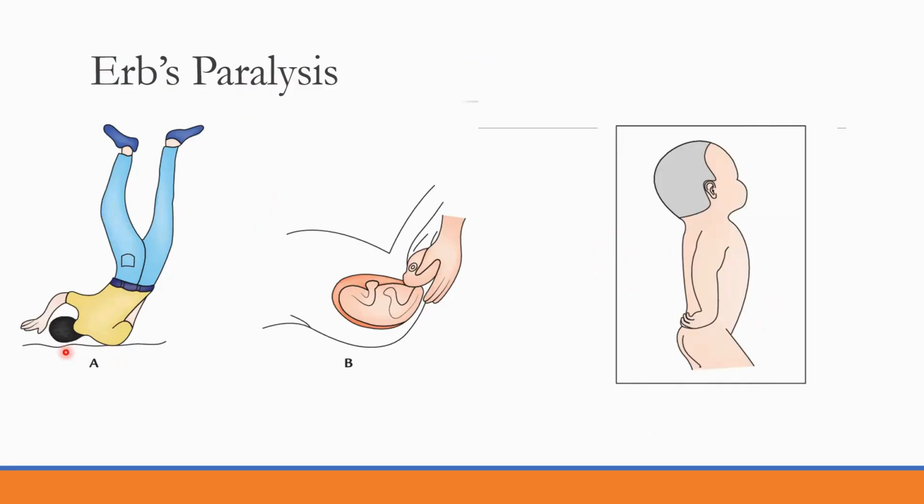The person when falls, there is increase in angle between the head and the trunk, and the upper part of brachial plexus injury will be taking place, especially C5 and C6. Or during delivery, there will be the traction of the shoulder that causes Erb's paralysis.